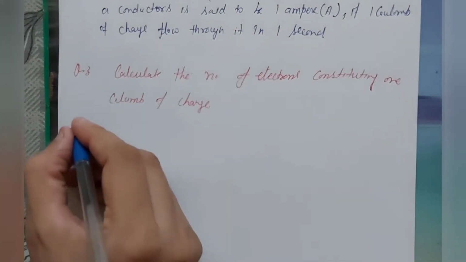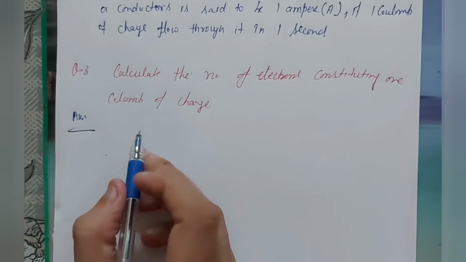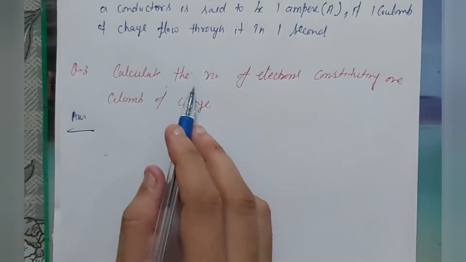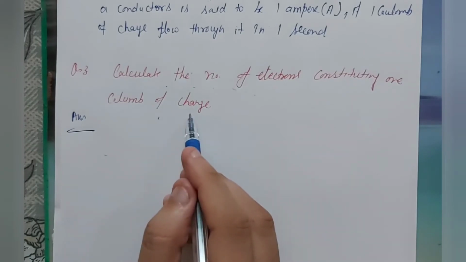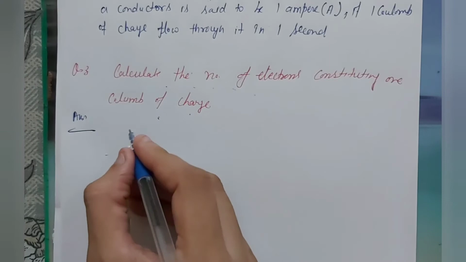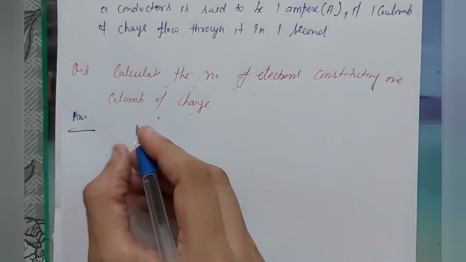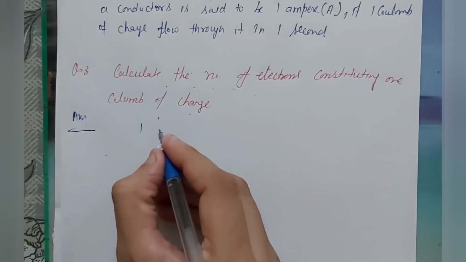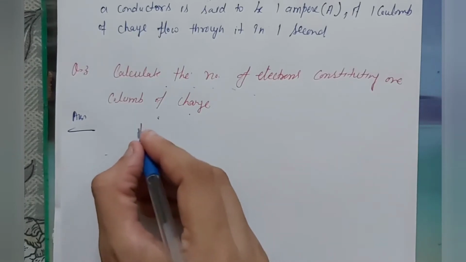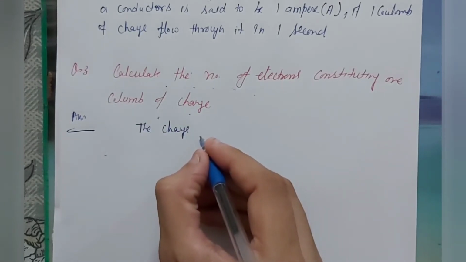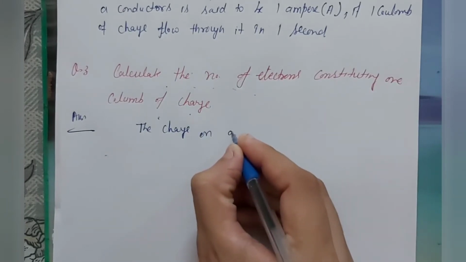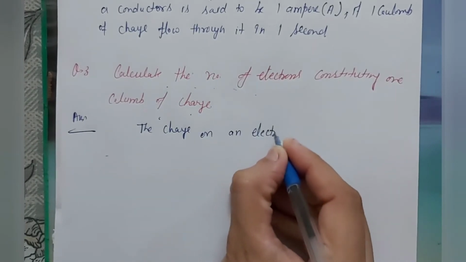Now your third question. What is this question? Calculate the number of electrons constituting 1 coulomb of charge. Dear students, as we know, what is the charge on an electron?